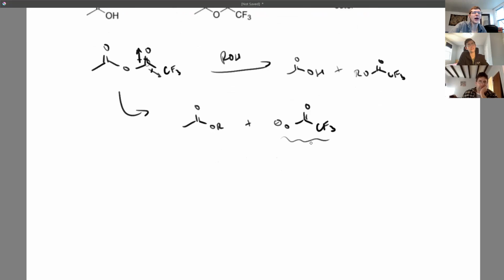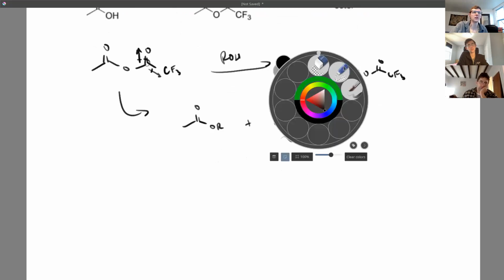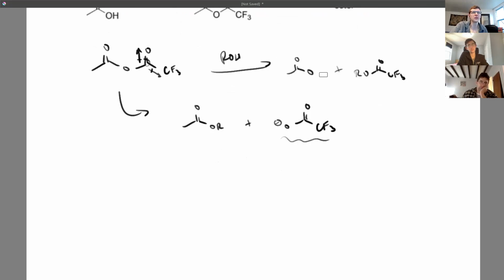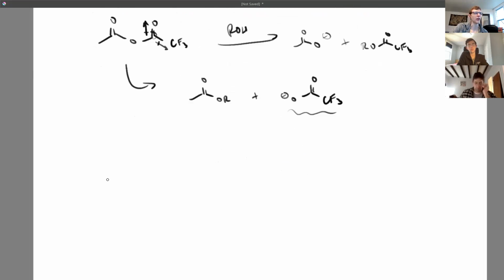So, yeah, because this is the much weaker conjugate base, I guess. This is happier just floating around than this is. Right. So if we go through this sort of mechanism, we give it our alcohol.